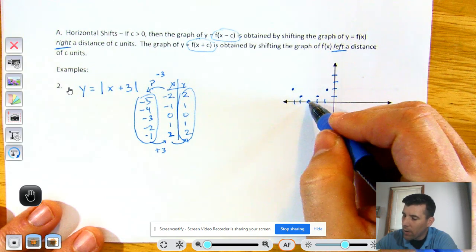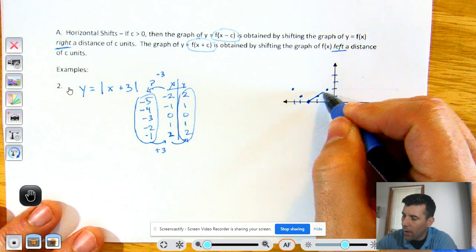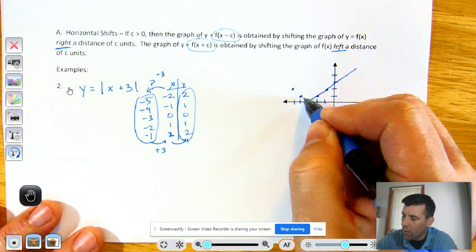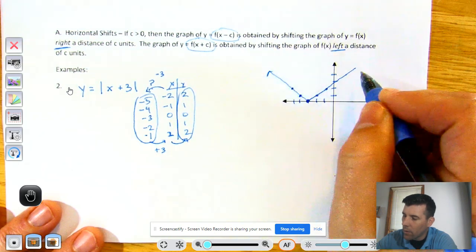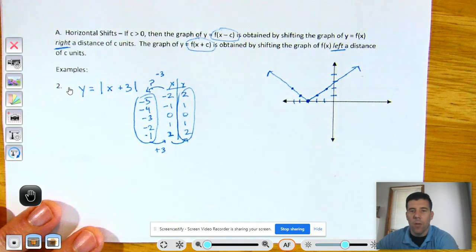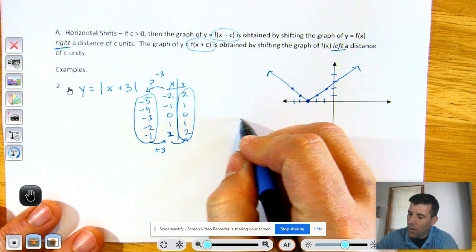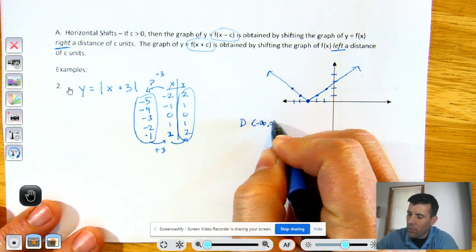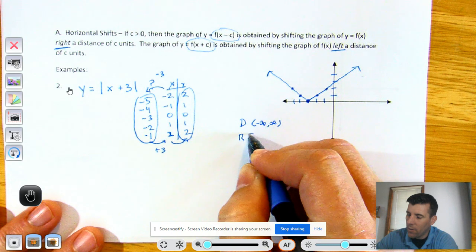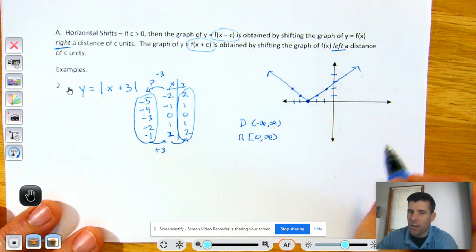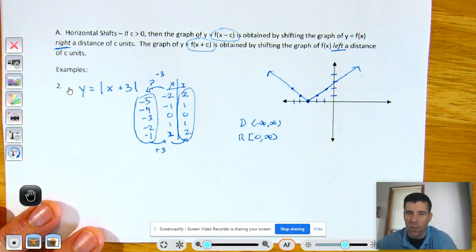So I have this graph. So notice it shifts it to the left. Our domain's all the real numbers, and our range is still 0 to infinity because it didn't shift it up or down. It shifted it left and right.